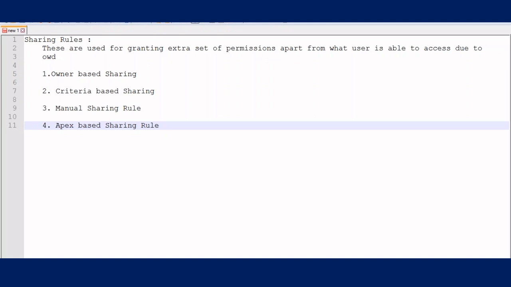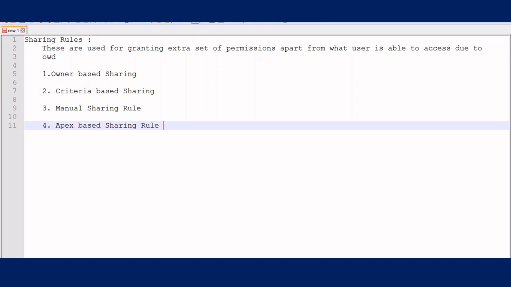So we are able to share the record because of these different types of sharing rules that we have.